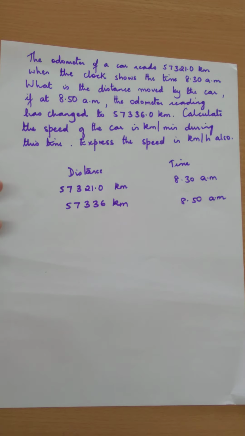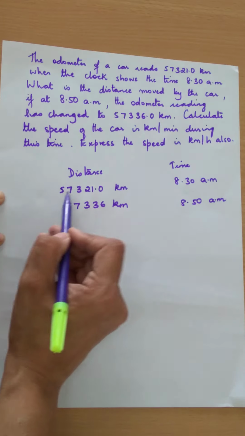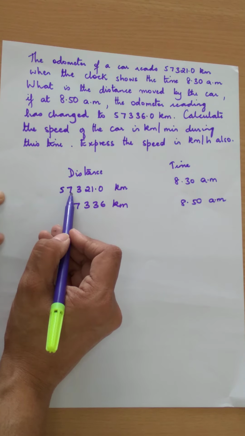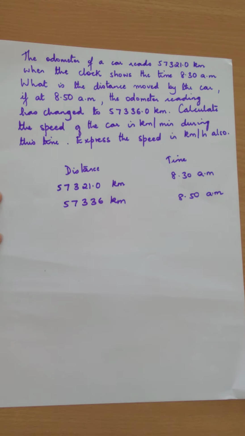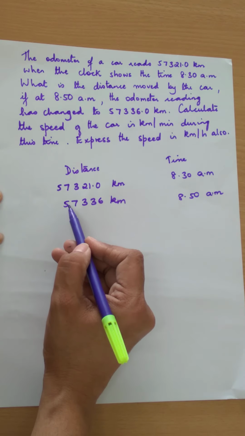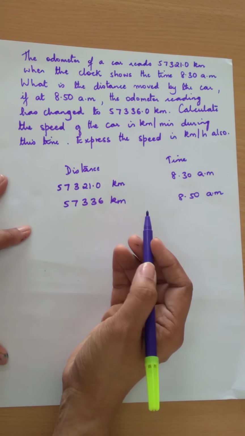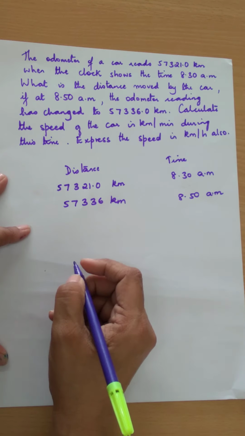One, the person enters the car, notes down the time, it is 8:30, and the reading on the odometer is 57,321. Now the car has started moving further. At 8:50, when the person notes down the time, the odometer reading is 57,336. You have to find the speed of the car.